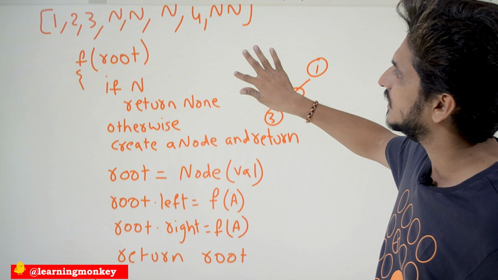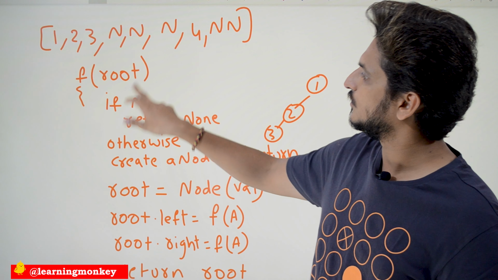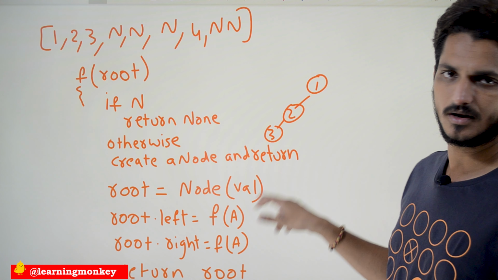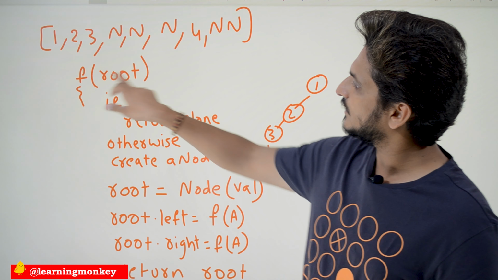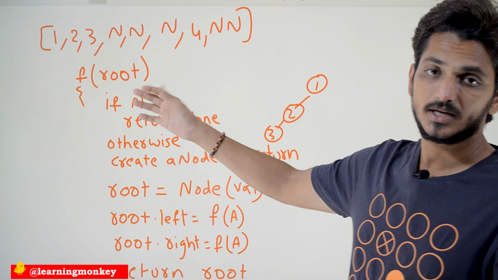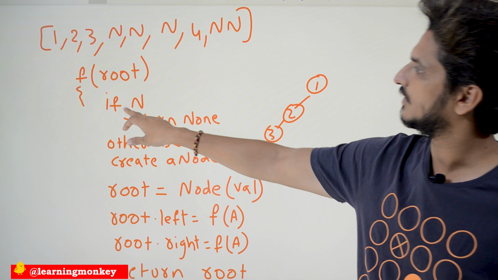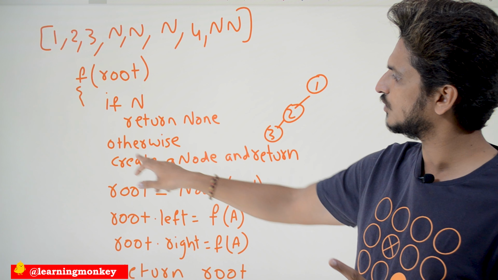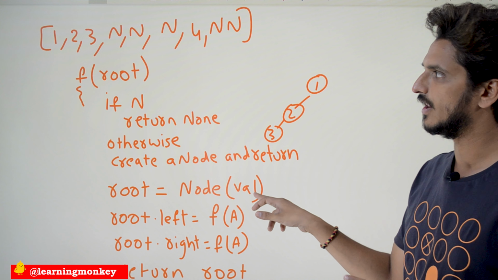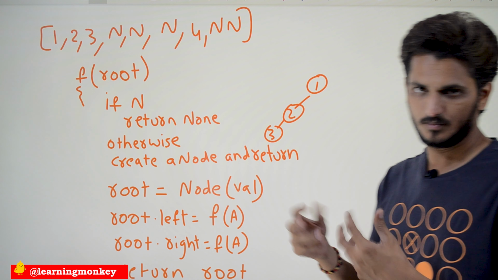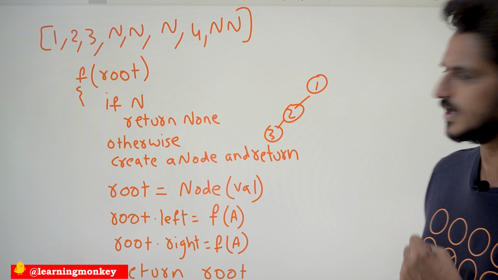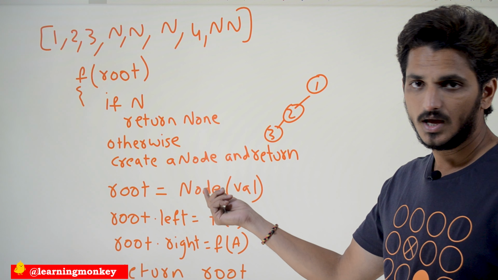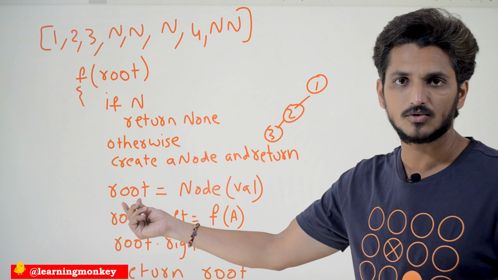Let's take a look at it. F of root: if n, return none, otherwise create a node and return. Whenever this function is called, pop the first element. What's the first element? It is 1, so it is not n. Otherwise create a node of val. Whatever value we pop from the list, we take it as val, create a node, and that node address is placed in root.